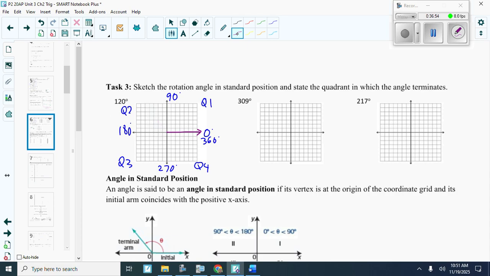There's 30 degrees between here and 60 degrees between there, so not even in the middle. Same with 309. You draw as accurately as you can, and then go ahead for 309 and 217.